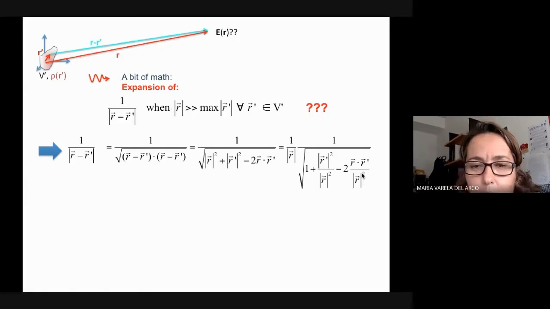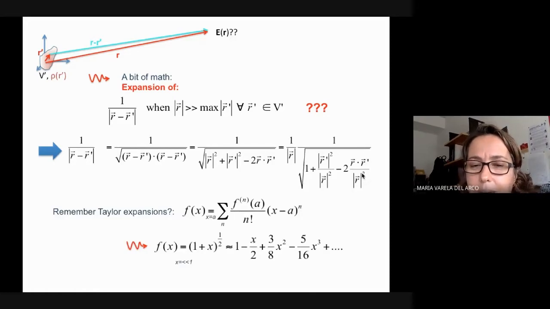All right? So what I'm doing here now is trying to approximate this term, 1 over the square root of 1 plus x, where x is all of this thing, when x is much smaller than 1. And remember the Taylor expansions: you can actually approximate in the vicinity of any point where x, my one-dimensional variable, equals a, any function f, as long as it's a smooth function and it's defined and all of that, as this sum.